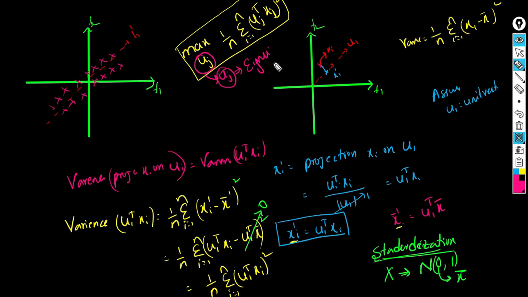Okay, now let's see how we can get those things. Suppose we have data x and it contains d number of features.